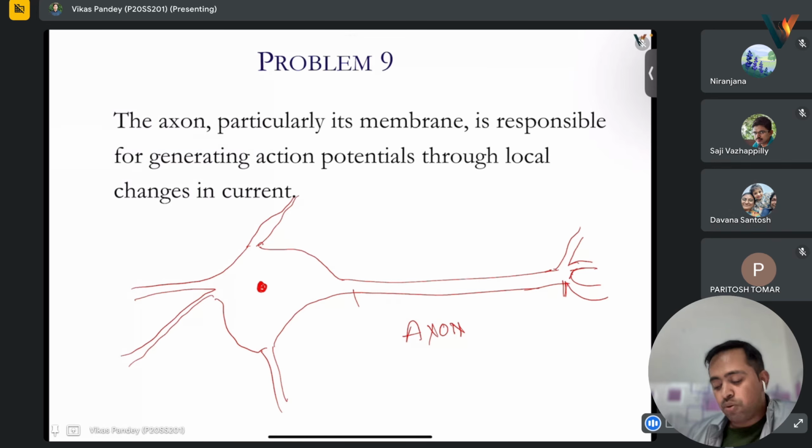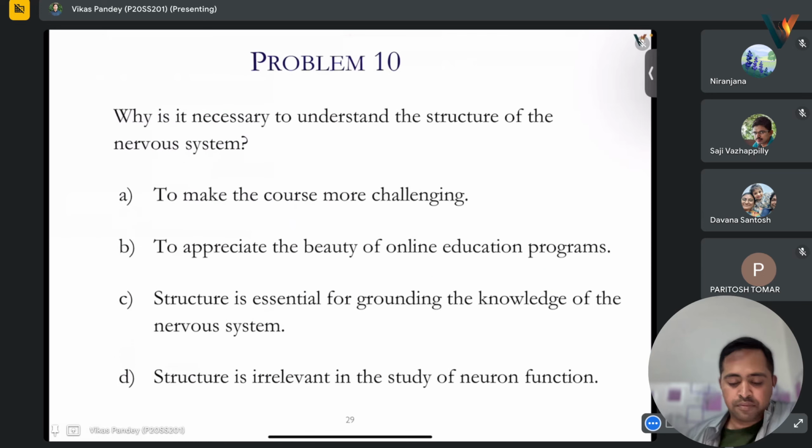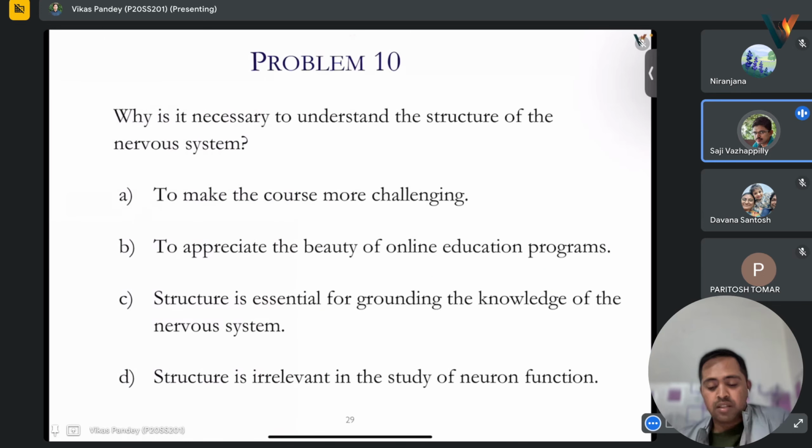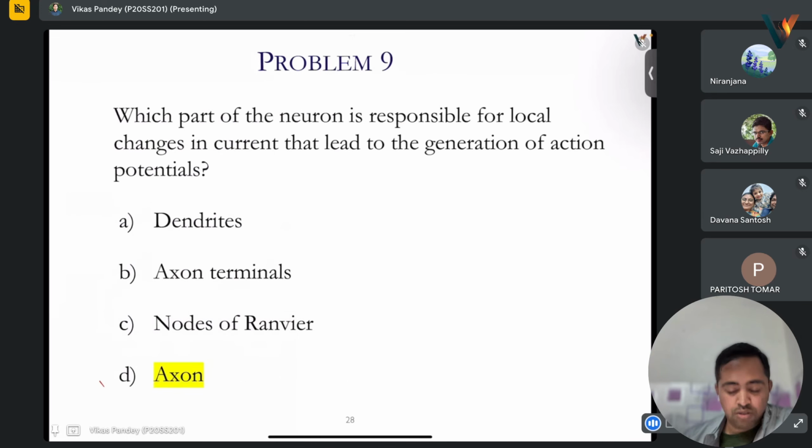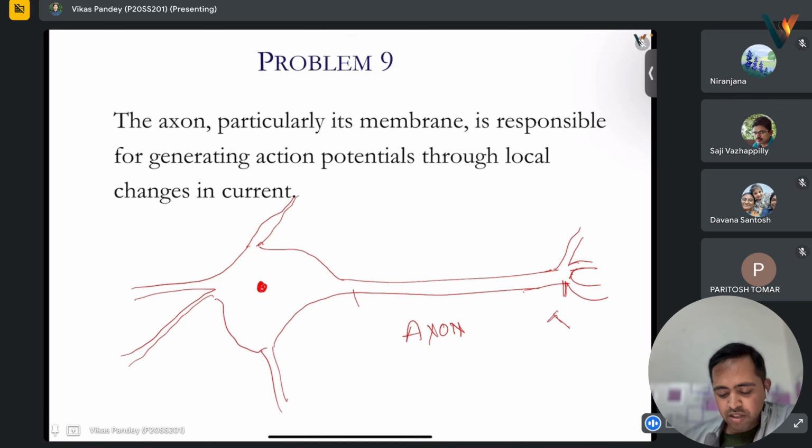We cannot say the whole axon, only the starting part. So the answer is axon. It may be the start of the axon, not the nodes of Ranvier or the axon terminals. Axon terminals will be both terminals, right? This and this.